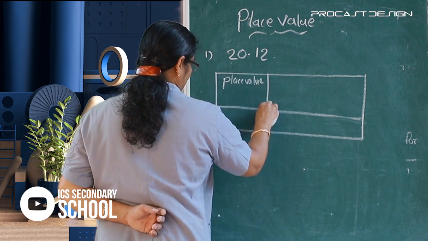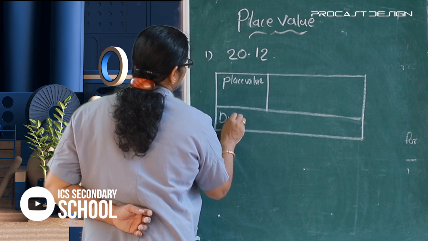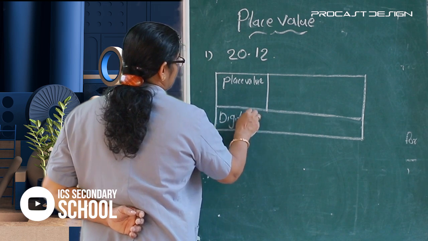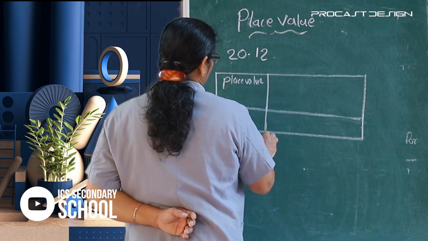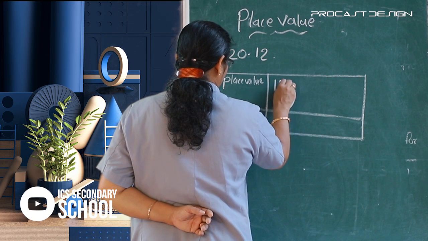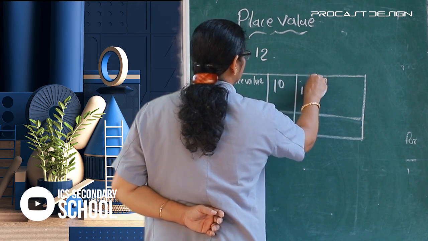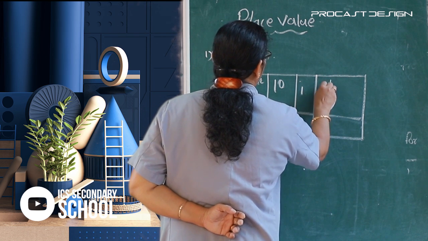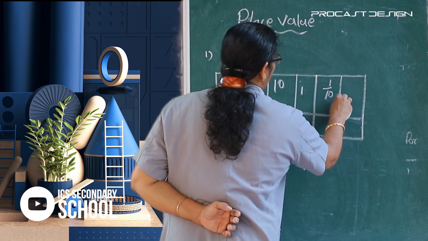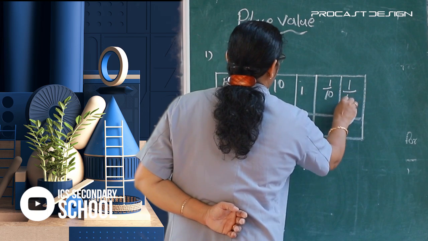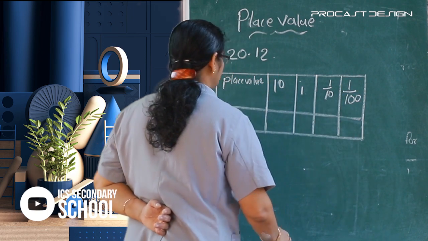Place value digits: 10, 1, 1 by 10 and 1 by 100.